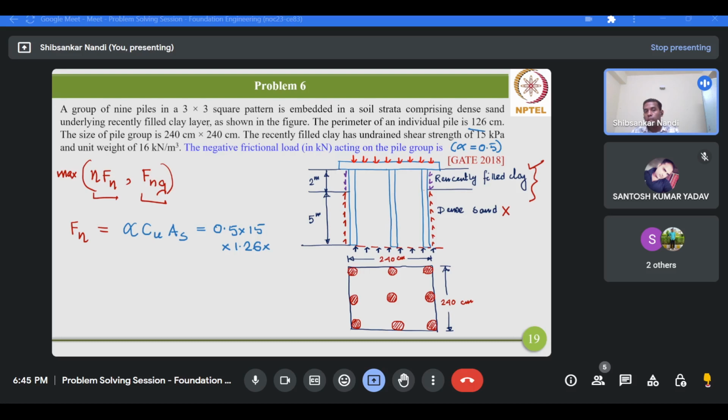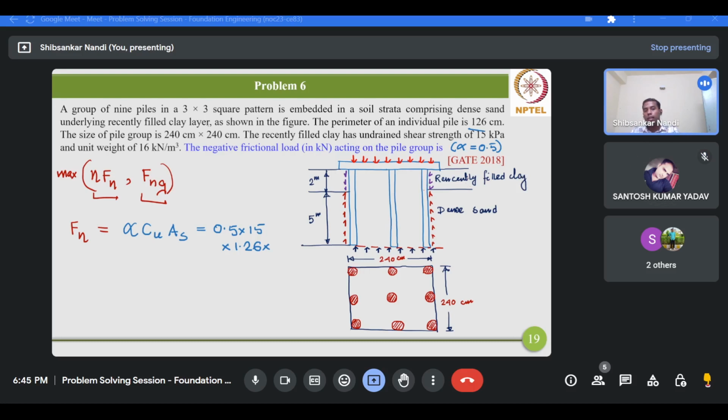But for the negative skin friction, when it acts in the downward direction, it will not give you the resistance of the pile. It will behave as if an additional load acting on the pile. So it's negative in that manner.